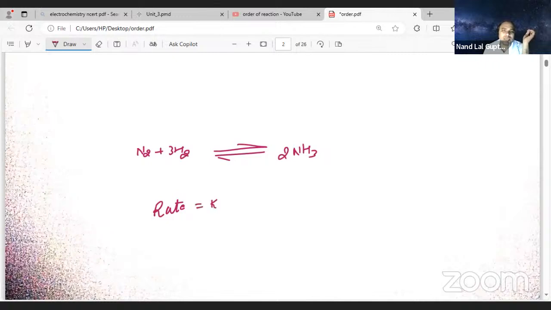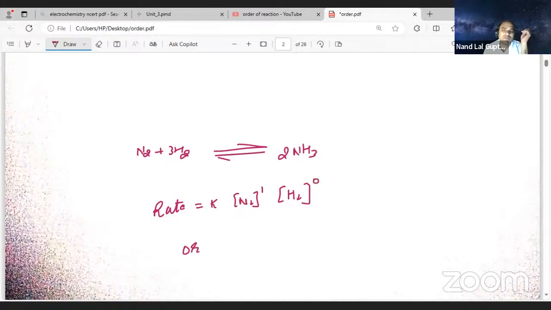Now, if I write N2 plus 3H2 gives 2NH3, this is the reaction. Now they are writing the rate: rate is equal to K, N2 with power 1, and H2 with power 0.